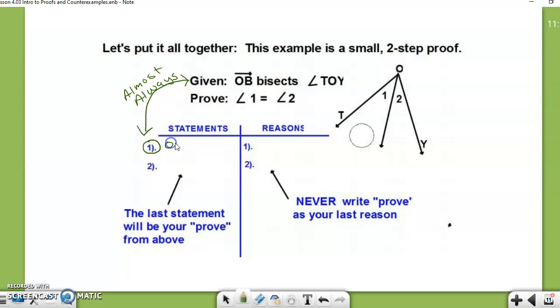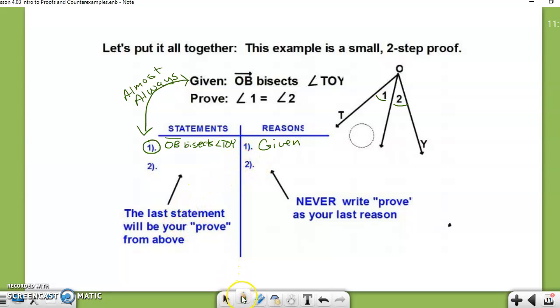But right here, I'm going to write that segment OB bisects angle TOY. I like to go, okay, that's my given information, and I go ahead and make some markings on my diagram.